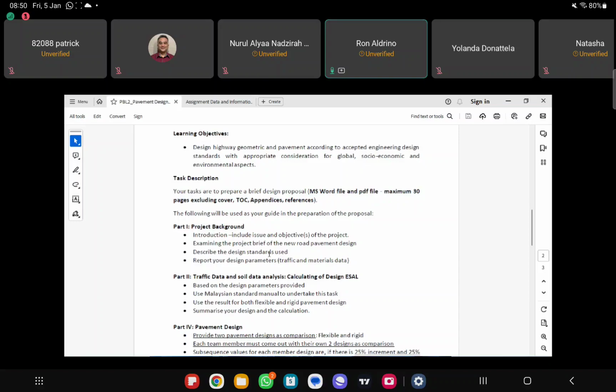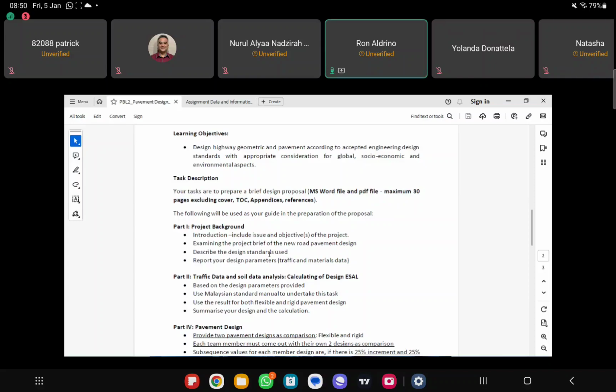And in the conclusion later on, you have to mention which design your company or group is proposing, whether flexible pavement or rigid pavement.